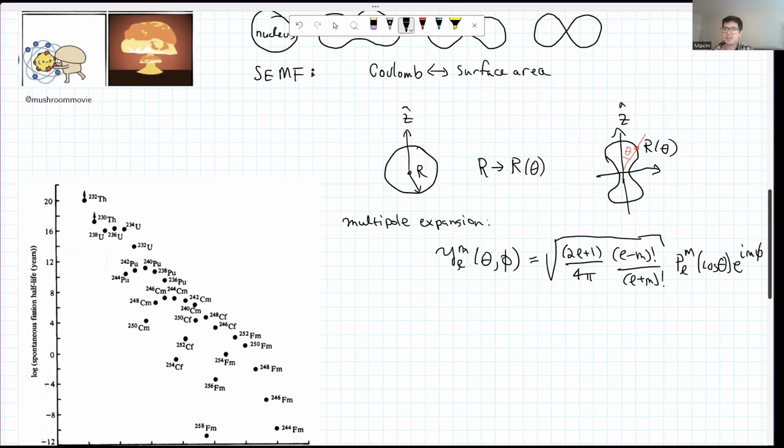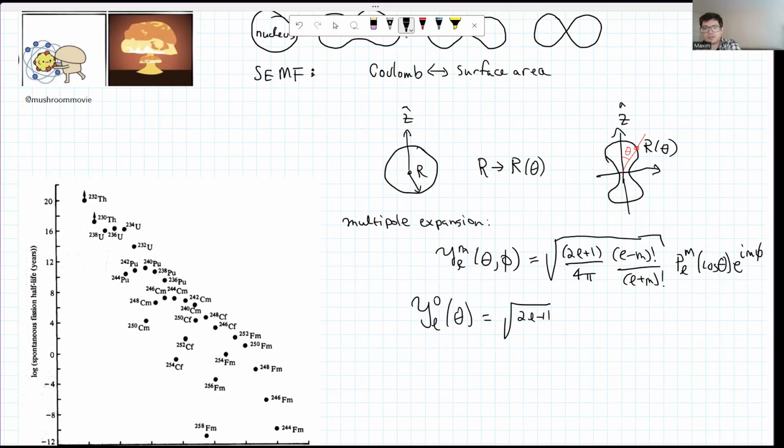We see the only phi dependence, the azimuthal direction that goes around, which remains symmetric, is in this M number. And that's the only place where phi appears. So for symmetric things like that, we have just M equal to 0. If we put M equal to 0, we get Y_L0. It only depends on theta now, and it's more simple here.